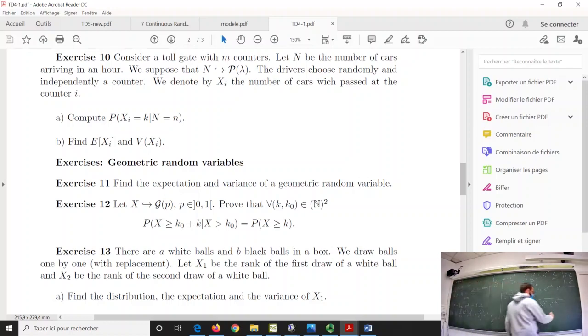So if I continue my computation, exponential minus lambda, lambda to the power k over m to the power k, k factorial, and this sum that becomes an exponential of 1 minus 1 over m times lambda.